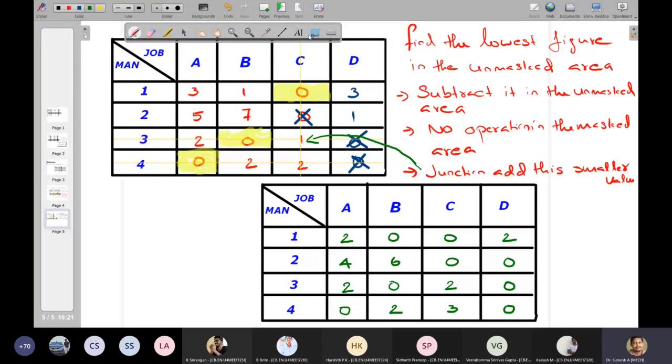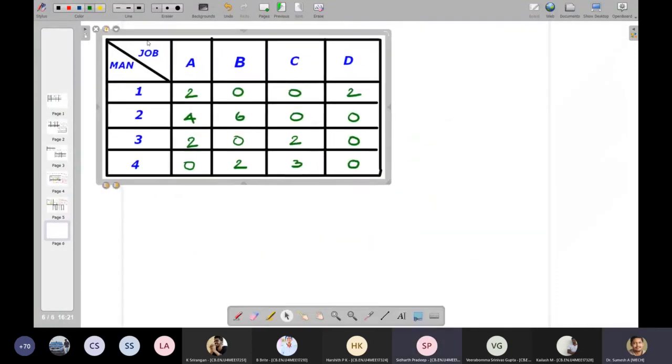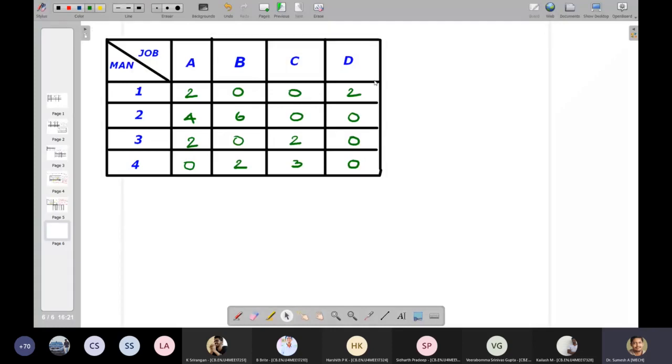Is the first row a single zero row? No. Second row? No. Third row? No. Fourth row?